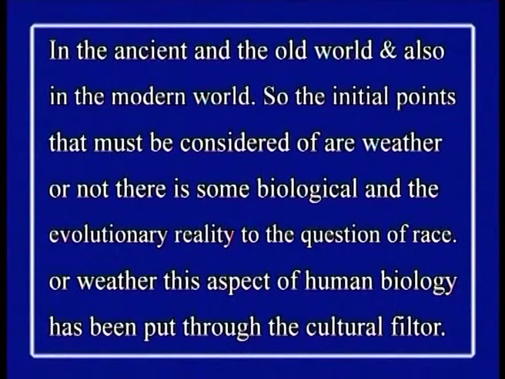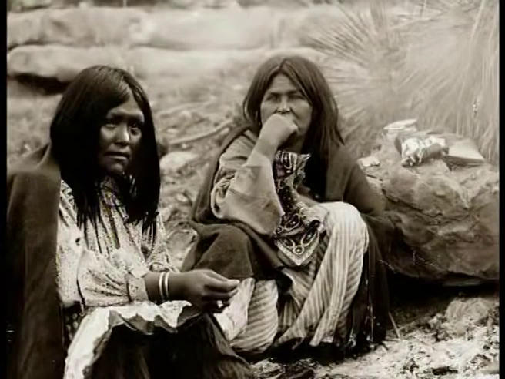So the initial point that must be considered is whether or not there is some biological and evolutionary reality to the question of race, or whether this aspect of human biology has been put through a cultural filter. So just how does our society define race?